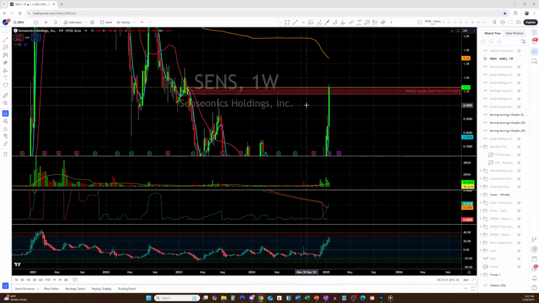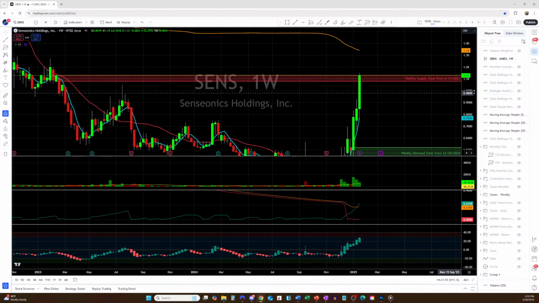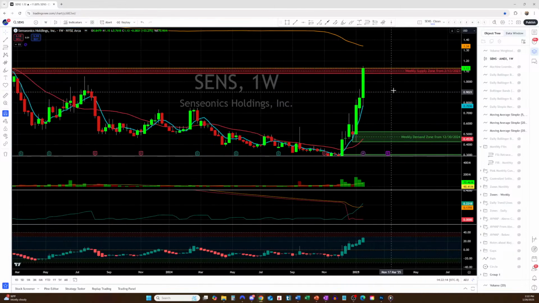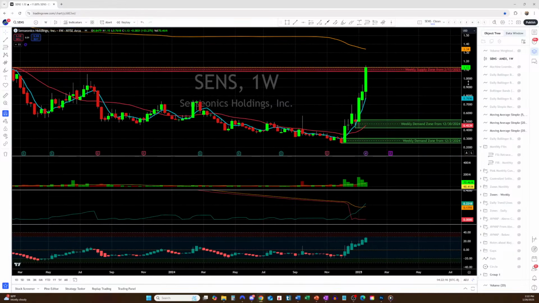However, we've stopped right at the upper boundary. I'm zooming in here just to show you. This zone is from 2023. And on Friday's session, we peaked above it, but that came back and closed right at the boundary. So that could potentially be an early signal that there might be a cool-off period or a pullback.